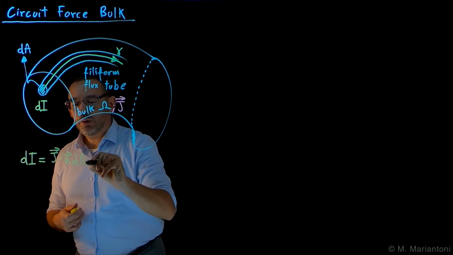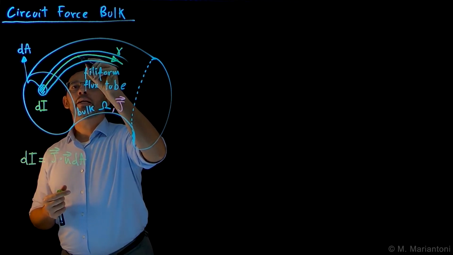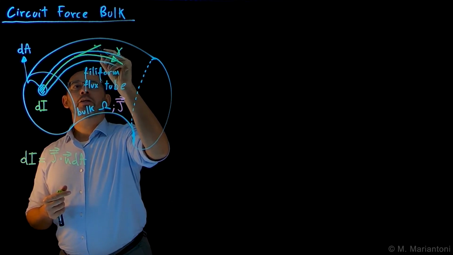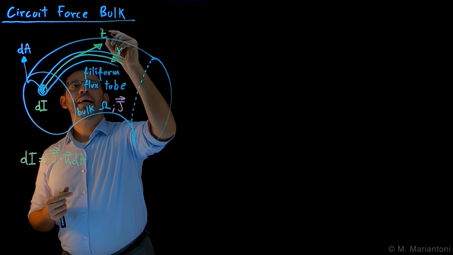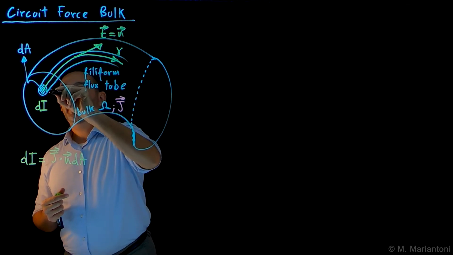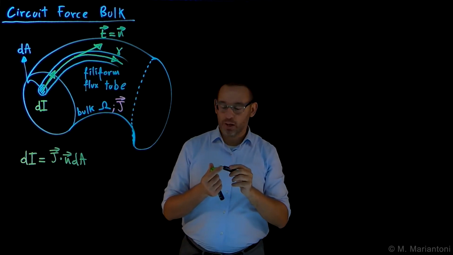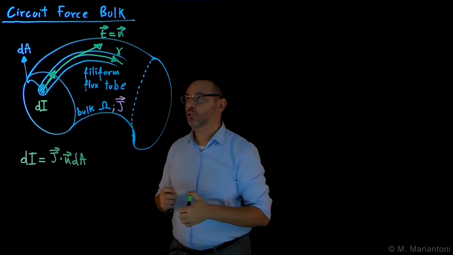What is n with respect to dA? Well, if I pick a point, let's say right there, the tangent unit vector, we call it T, which is exactly the same as the normal unit vector at this area here. So they are exactly the same quantity, by definition of filiform flux tube.